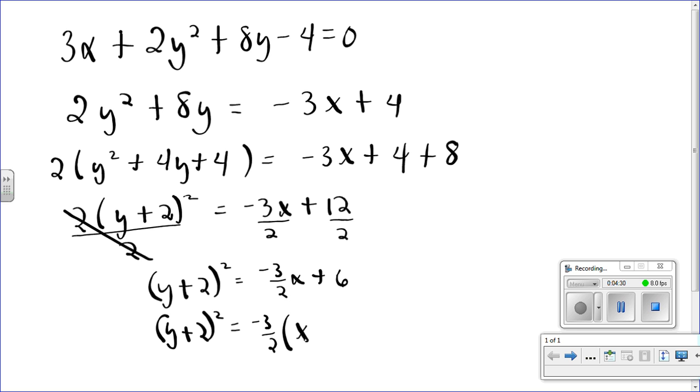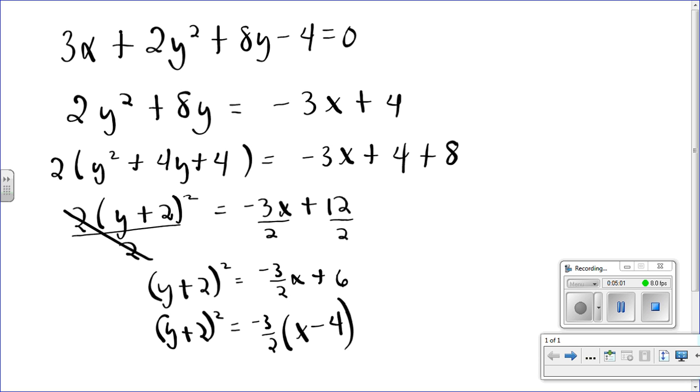What is 6 divided by negative 3 halves? I think it's going to be... that's my answer.